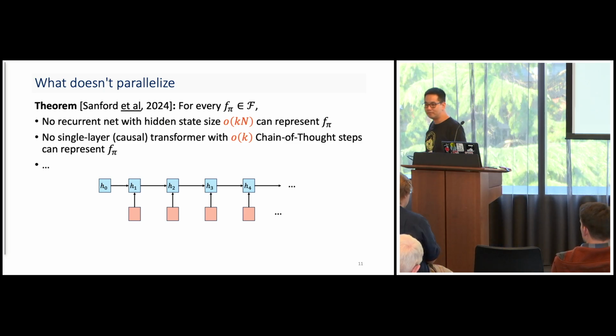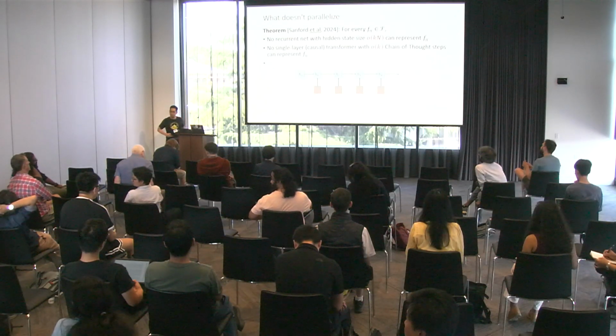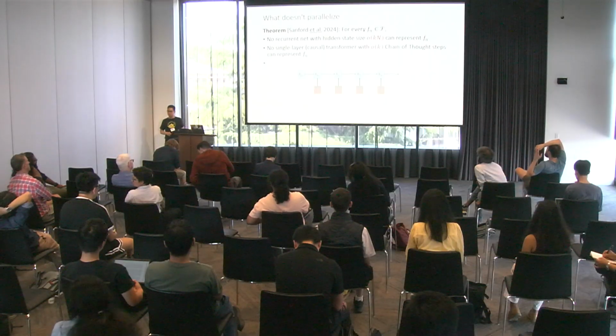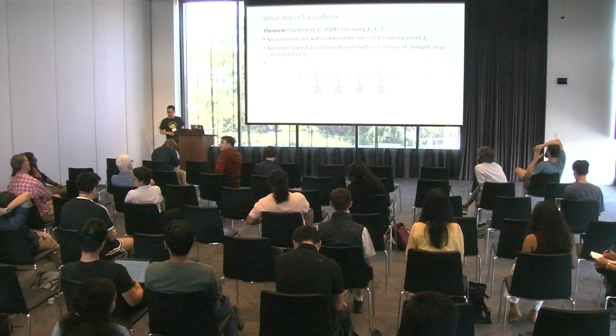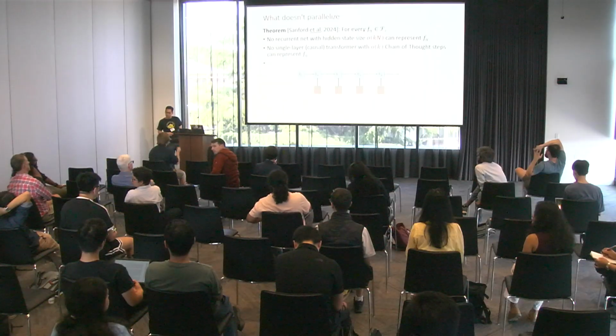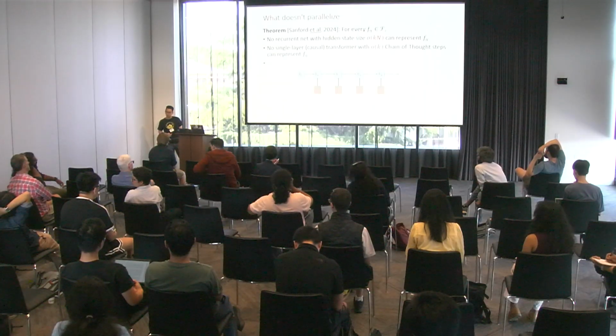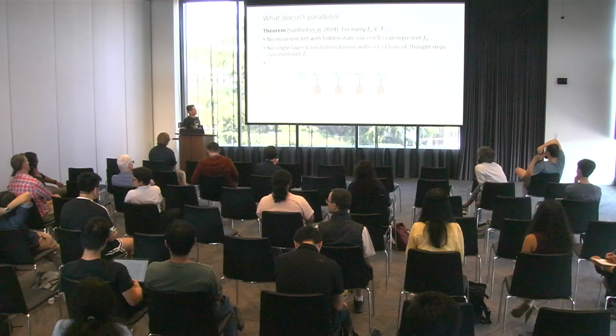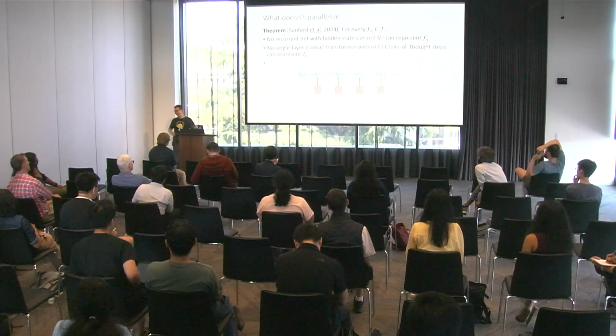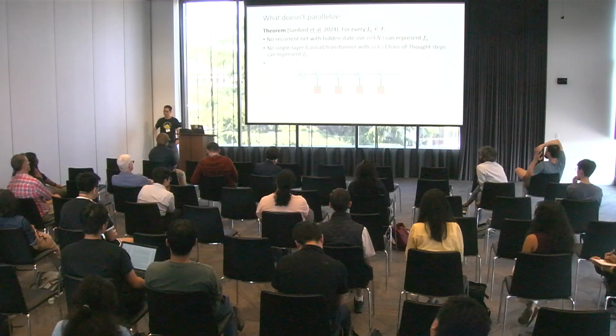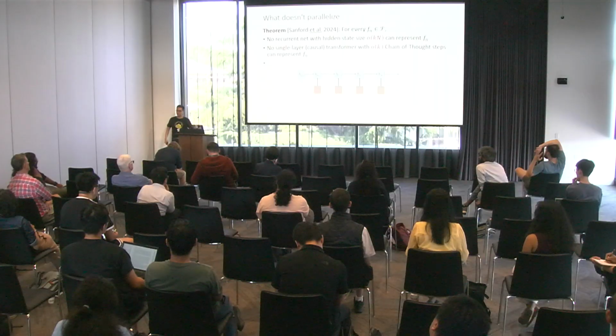So when you say no RNN with small hidden state size can represent F5, that's okay. But then if you want something that mimics it with epsilon accuracy? If you're okay with only approximating it, we didn't look at that. But loosely speaking, how bad is it?